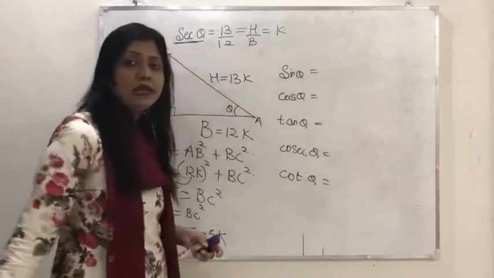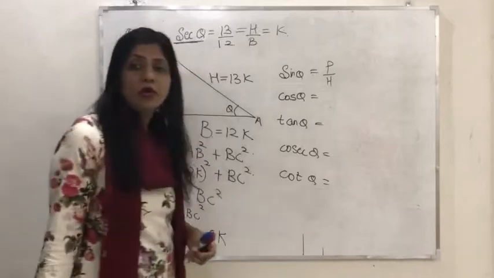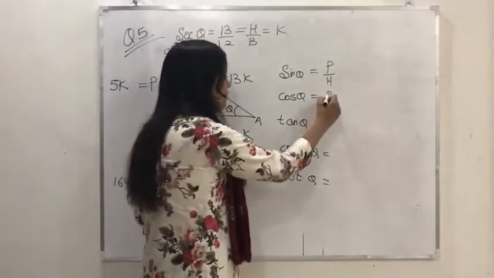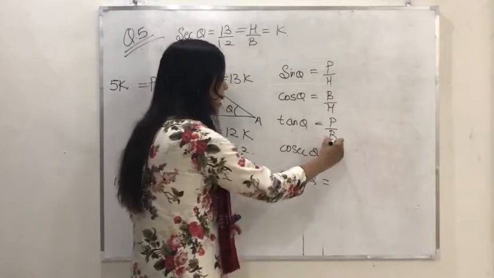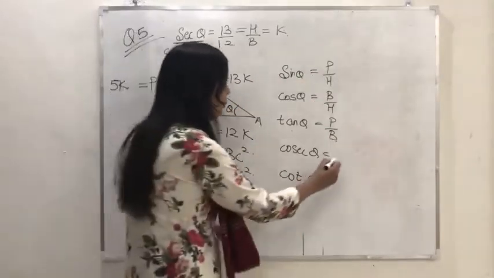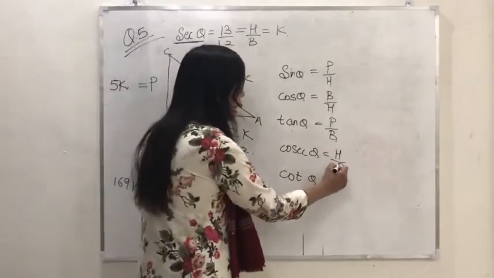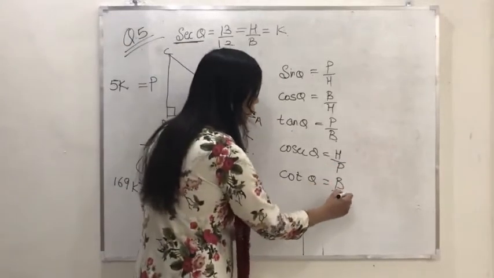Your sin theta is perpendicular upon hypotenuse. Your cos theta is base upon hypotenuse. Tan theta is perpendicular upon base. Cosec is just opposite of sine, so hypotenuse upon perpendicular. And cot is just opposite of tan, so it will be base upon perpendicular.